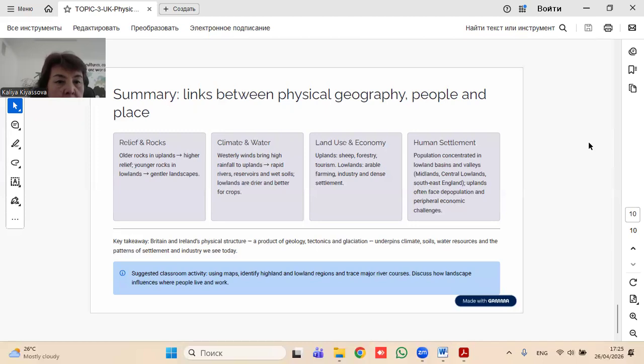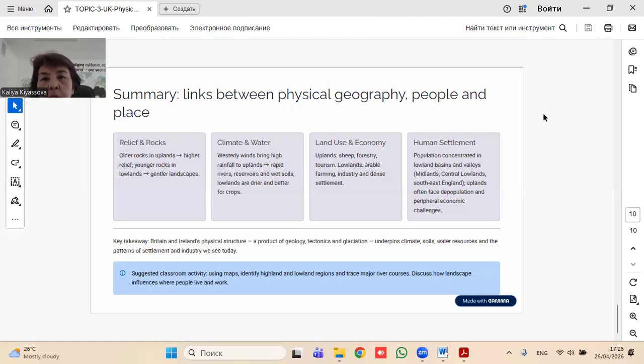And here you have the key takeaway: Britain and Ireland's physical structure is a product of geology, tectonics, and glaciation. It underpins climate, soils, water resources, and the patterns of settlement and industry we see today.